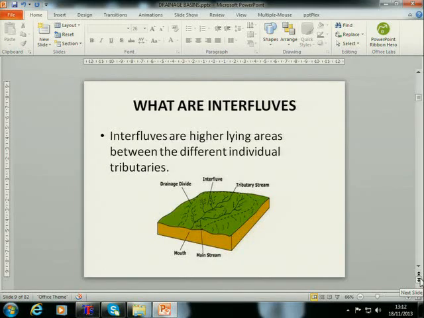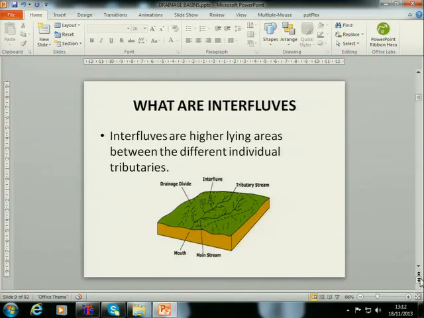Right, now we come to interfluves. Please make sure that you do not make a mistake of saying that an interfluve is a watershed. Remember now, an interfluve is a higher lying area between the different individual tributaries.